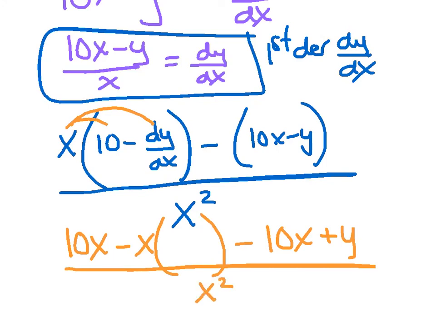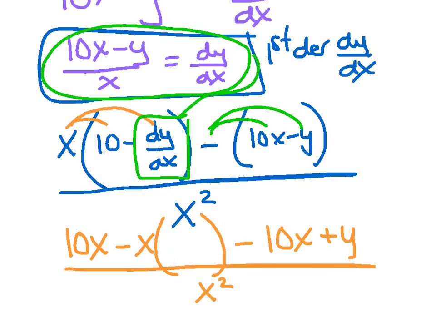I just want to be clear, I also took this negative and distributed it. That's how I got the negative 10x plus y. Now, I left this dy/dx blank because remember, we know what dy/dx is. We solved for that. That was the first thing we got. So in place of dy/dx, I'm really putting 10x minus y all over x.